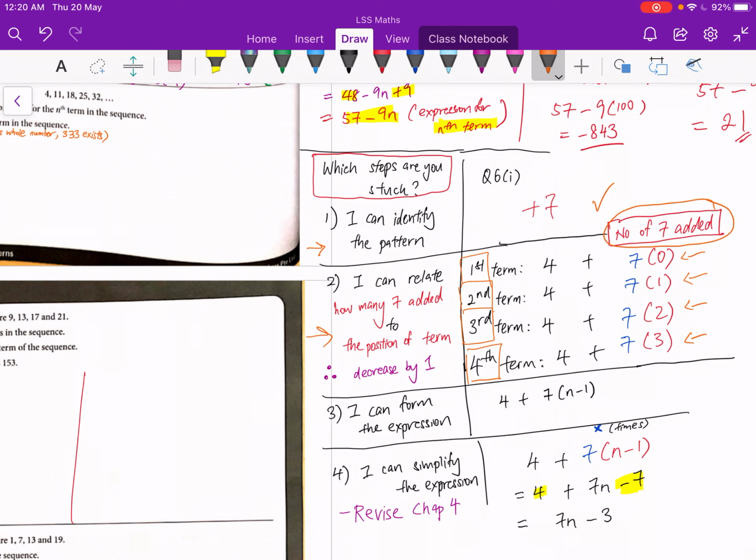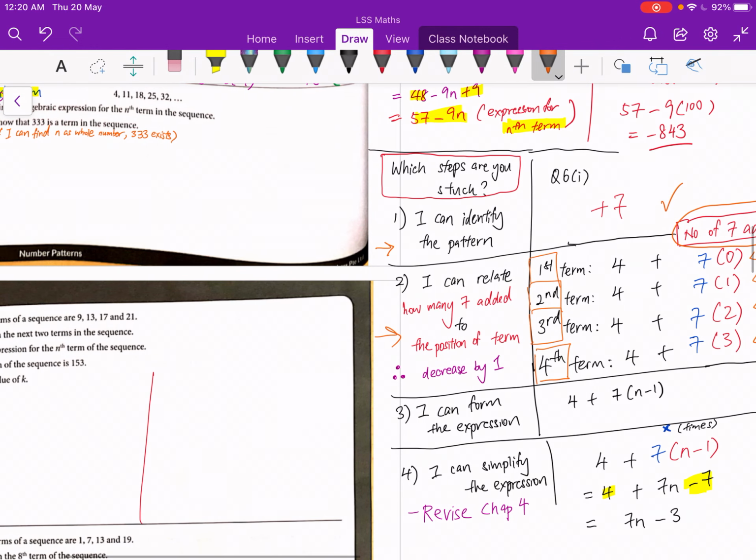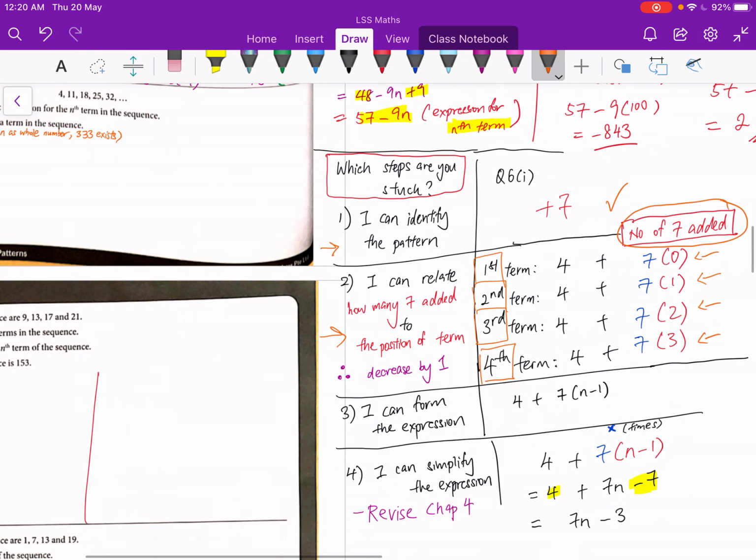For the fourth term, there are 3 sevens added, 7 plus 7 plus 7.